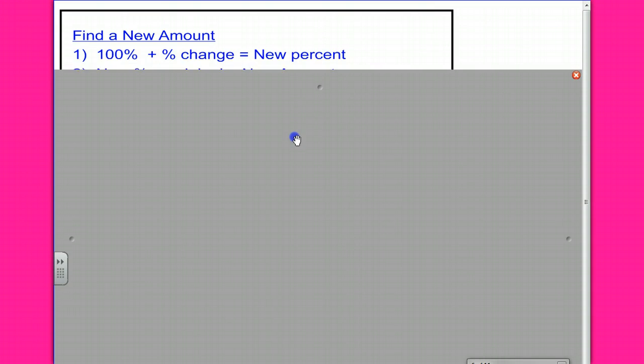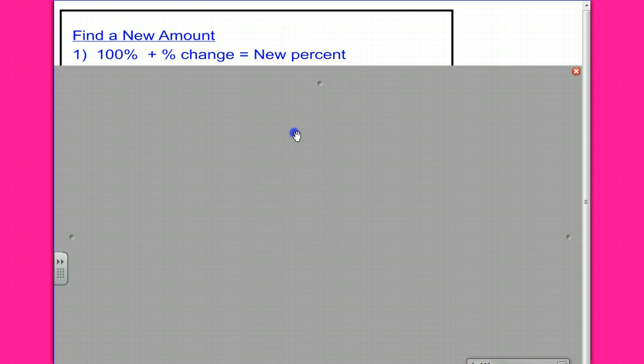Good. Okay, the second little topic today is finding a new amount. What if you've had a percent increase or a percent decrease? When you find a new amount, remember the original amount was 100%.